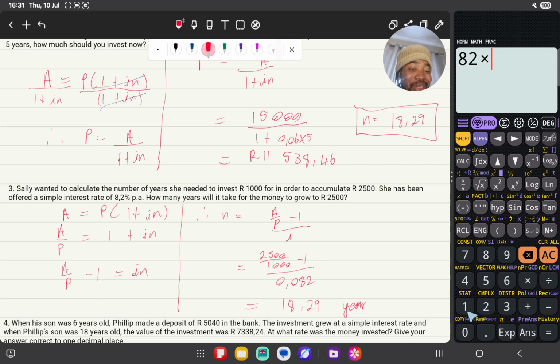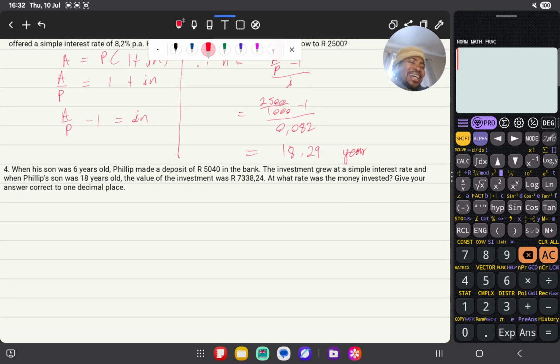Imagine having to wait, let's say, 15 years, getting an interest of 82 rand per year. In total you'll have 2,230. At 17 years, about 2,394, it's close, but nah, 18 years is a lot.